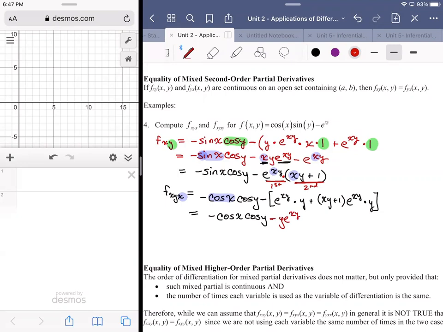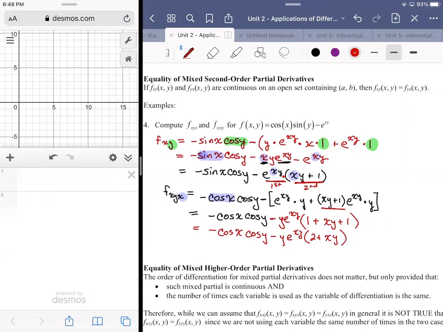Because that would leave us with, well, this would go to a 1. And then this would be the only thing left over here, xy plus another 1. So negative cosine x, cosine y, minus y e to the xy, and then 2 plus xy.